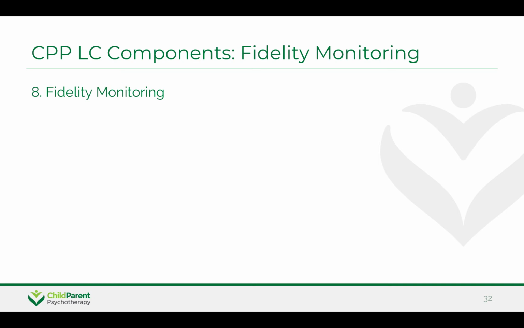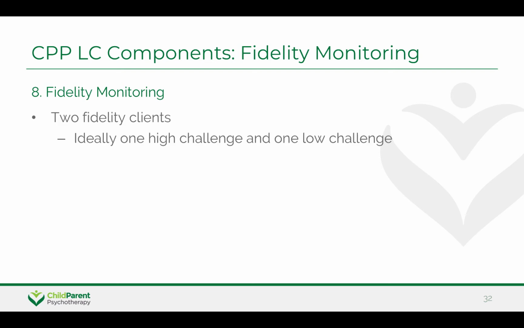Component 8, Fidelity Monitoring. This is the last required component of a CPP Learning Collaborative. During the 18-month period, each participant completes fidelity measures for 2 clients, ideally one that represents a high degree of challenge for the clinician and one that represents a lower level of challenge.